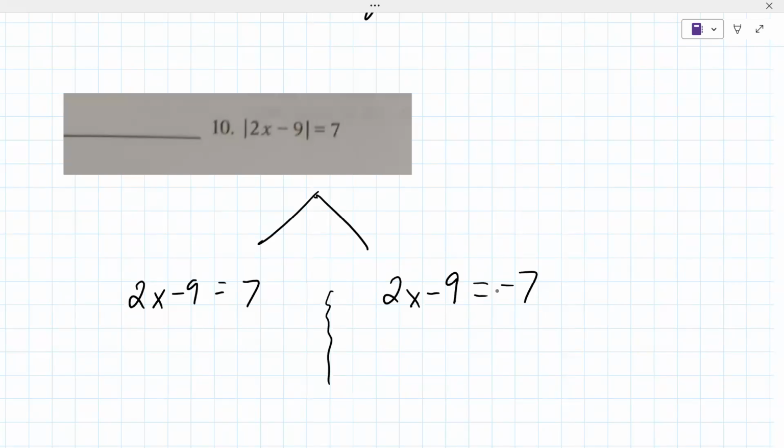Okay. So I have 2x equals 16 for the left. Yeah, but keep going. That's not the final answer, right? You've got to divide by 2.